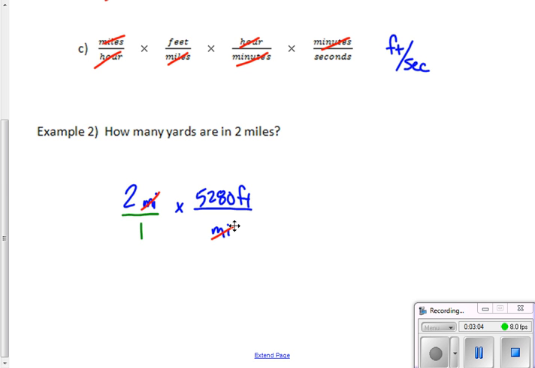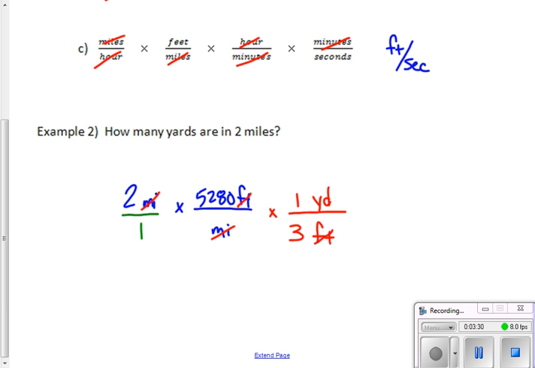So we need to convert feet to yards. Well, how would you convert feet to yards? We need to get rid of feet, and we need to get to yards. And why did I put feet on the bottom? Because feet is on the top there in blue. So now we fill it in that there are 3 feet per yard. Now we can cross off feet, and you're left with yards.